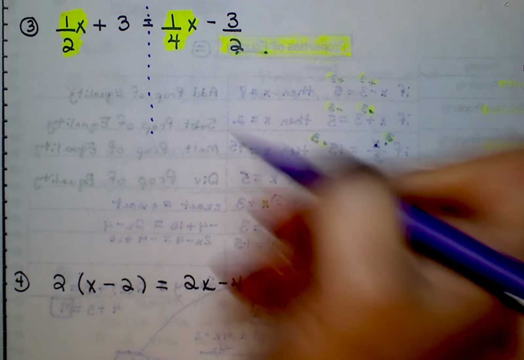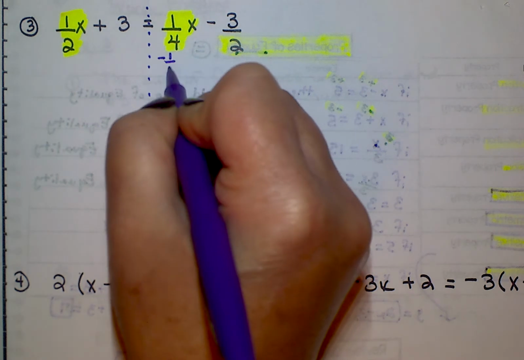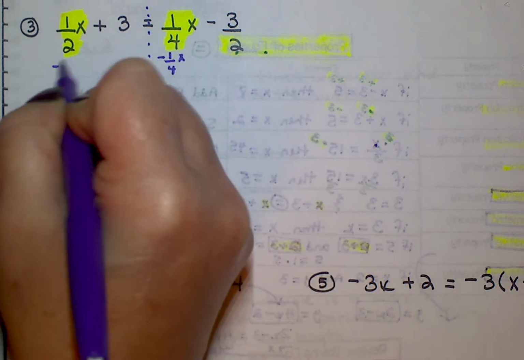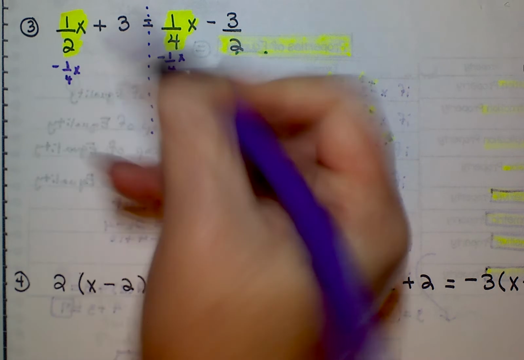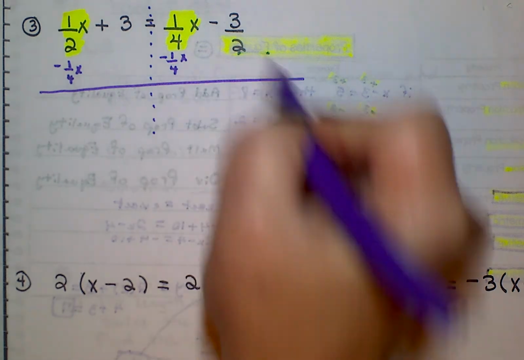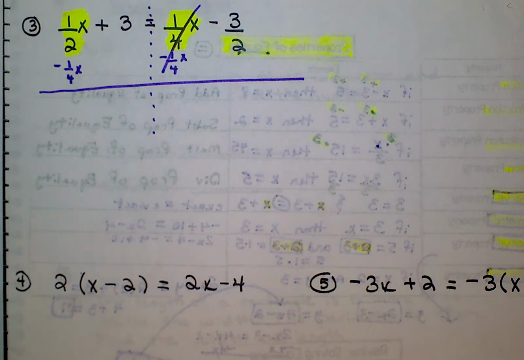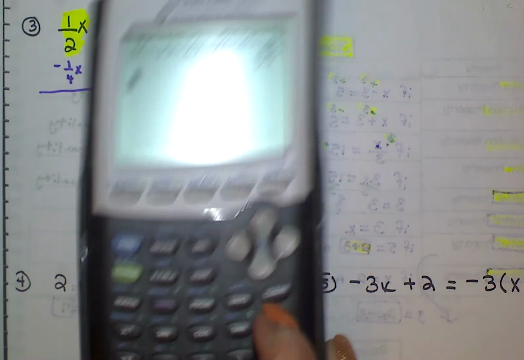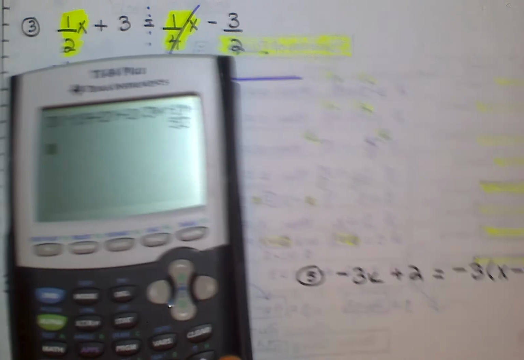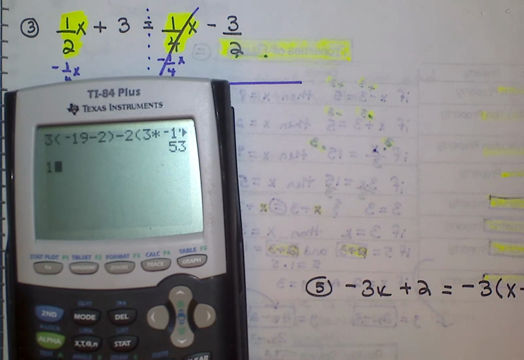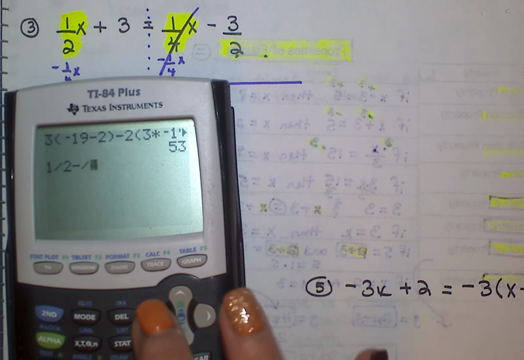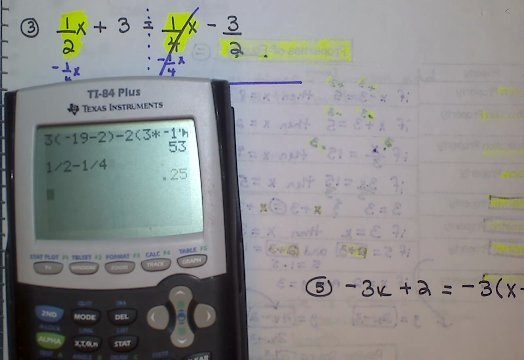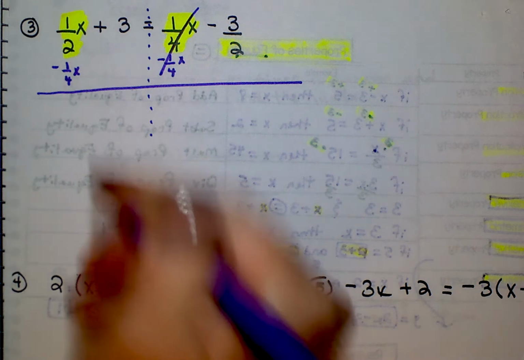So I'm going to go ahead and subtract the 1/4. Now, some of you can do that in your head. I'm just going to remind you on the calculator. So we're going to have 1/2 and we're going to subtract 1/4. And I'm just going to change it back to 1/4.